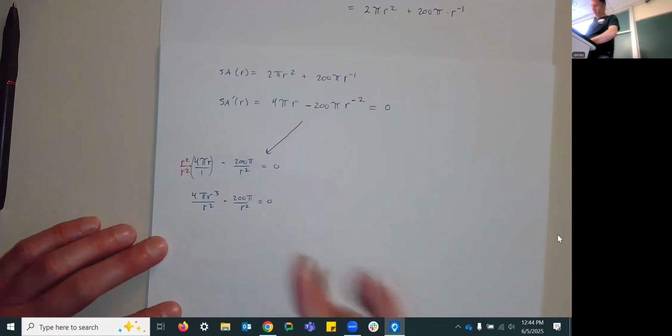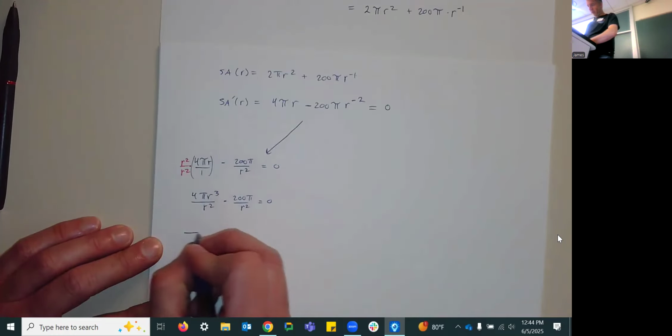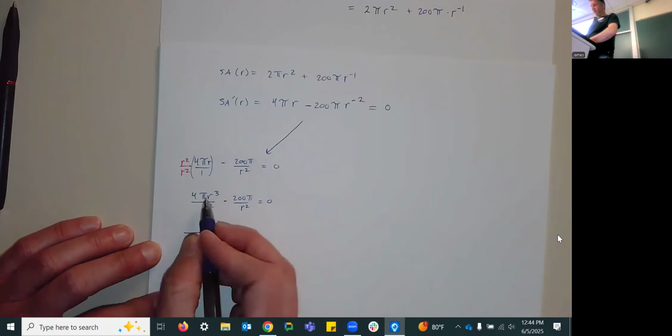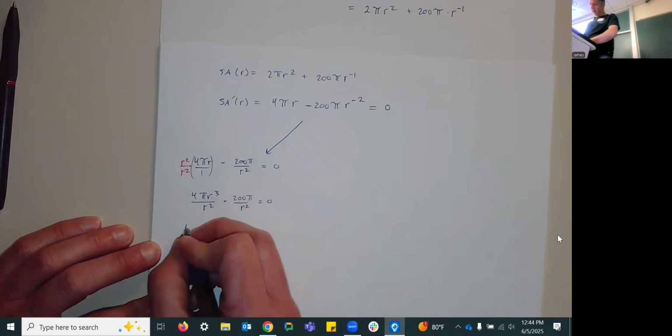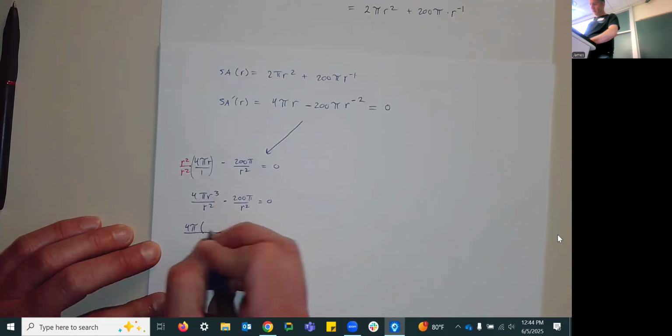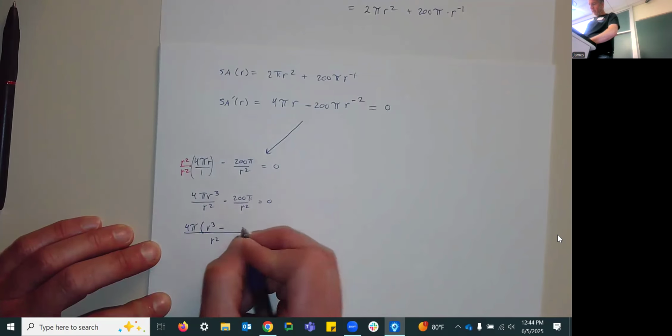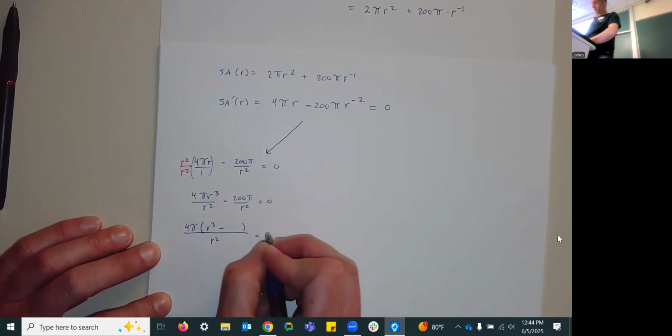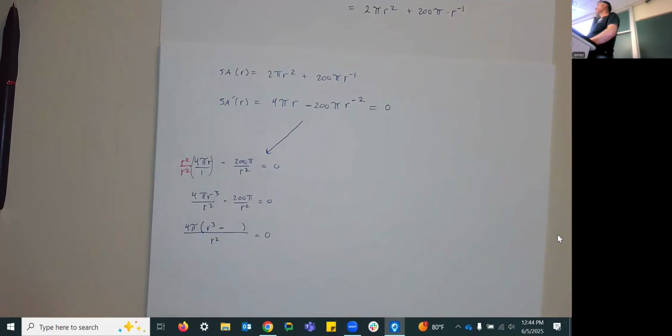And then, from the top, first of all, write it as one fraction and then factor out a 4 pi. If I factor out a 4 pi, I'm left with r cubed minus what? What's 200 pi divided by 4 pi? Well, the pi's cancel. 200 divided by 4 is 50.